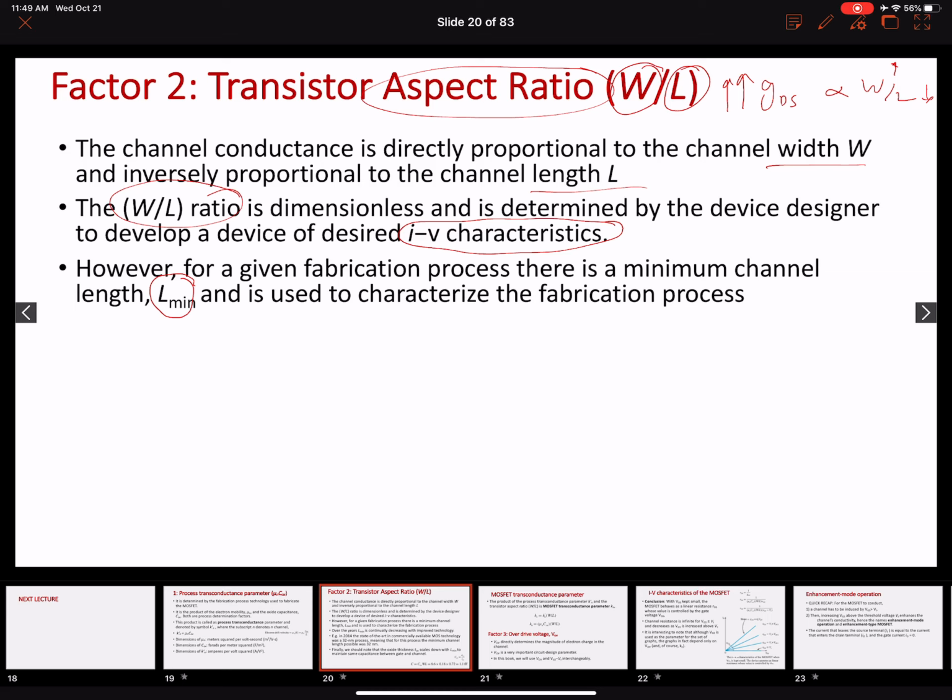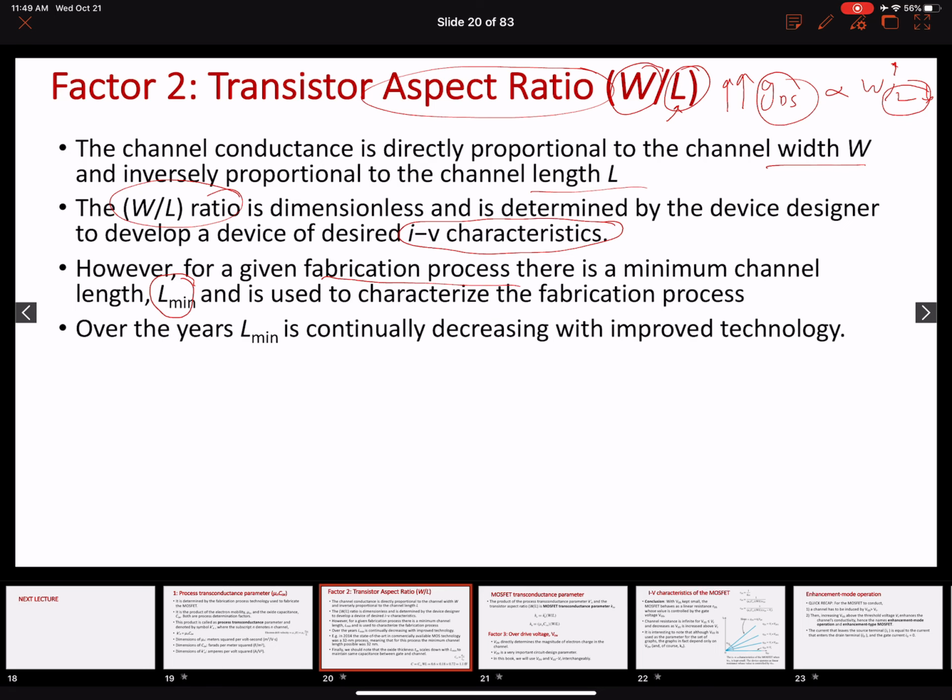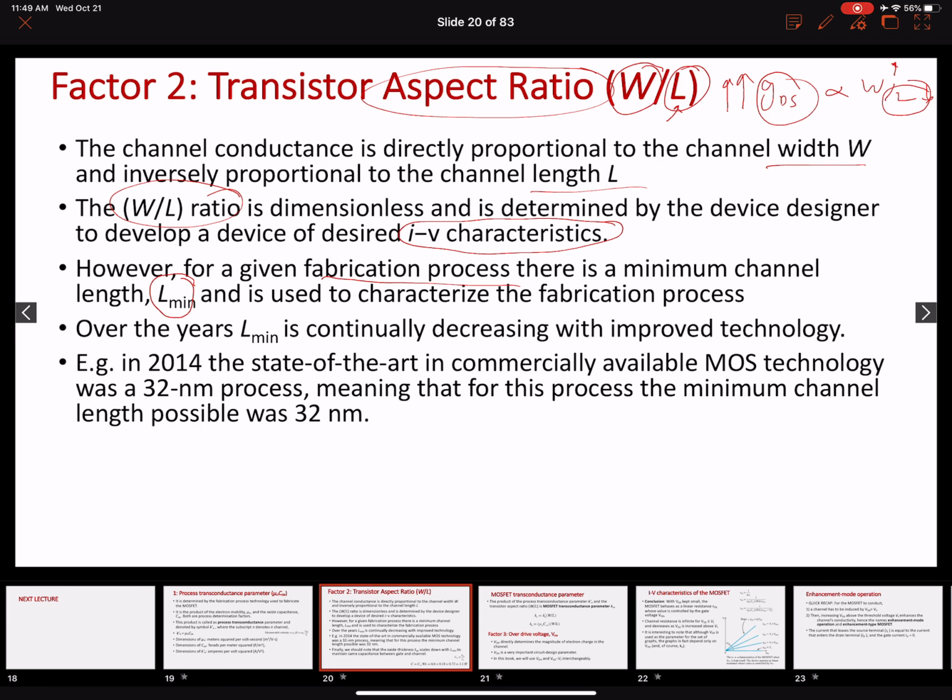We know that the smaller the value of L, the greater the conductance, so we want to reduce L. Another reason is to pack more and more transistors in the same area. So L-min is important and depends on the fabrication process. In 2014, for example, for the MOS technology that was commercially available, the smallest L-min was 32 nanometers, and it has been decreasing over the years.